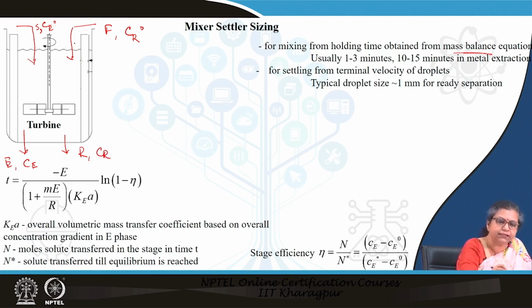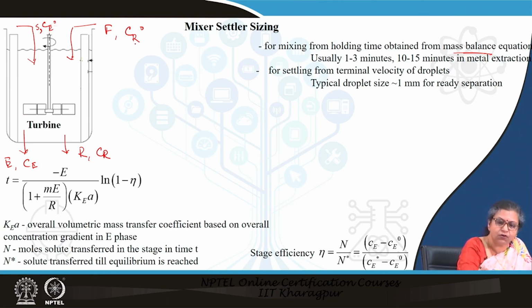If we assume that the solvent and the feed liquid are completely immiscible with one another, and we are expressing these concentrations in terms of solute free basis, then R becomes equal to F, S becomes equal to E, and we find that the concentration changes in the solvent or in the extract from Ce0 to Ce.